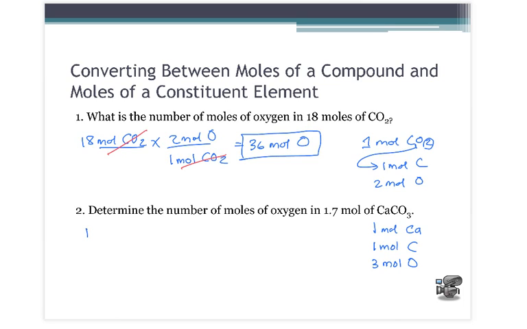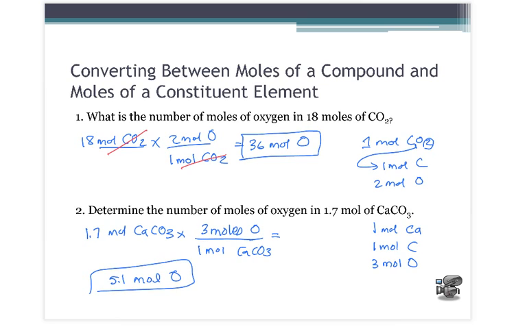So, if we have 1.7 moles of calcium carbonate, then we know for every 1 mole of calcium carbonate, we have 3 moles of oxygen. Okay, and this gives us 5.1 moles of oxygen, since the moles of the whole calcium carbonate cancel out.